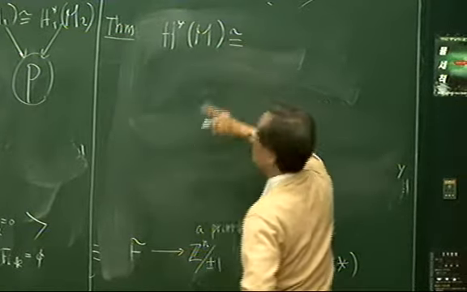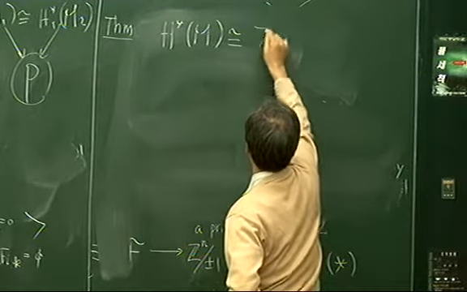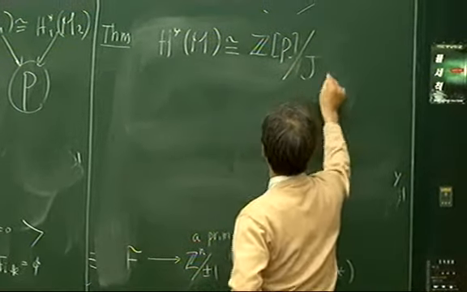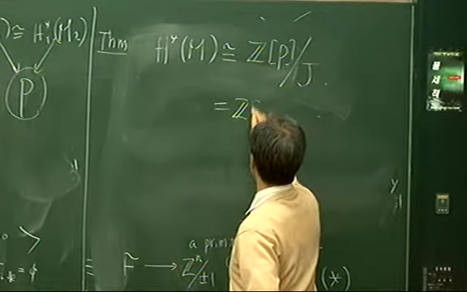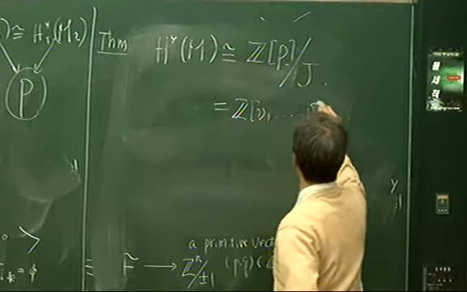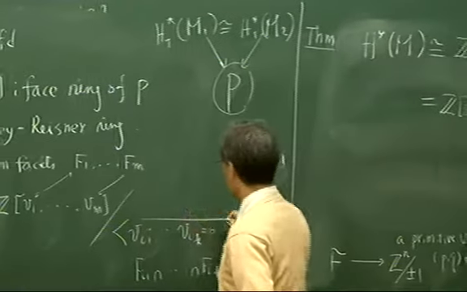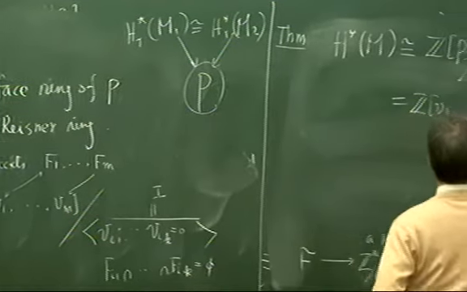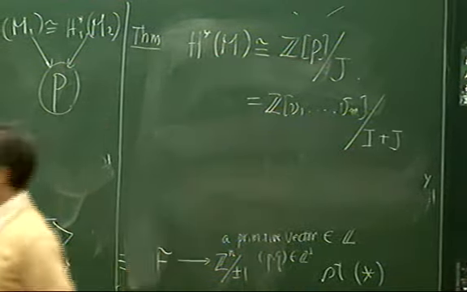This one is isomorphic to Z_P with some ideal J. In other words, this is Z[V1, ..., Vm] with the ideal I, and some other ideal J. And what is this J?